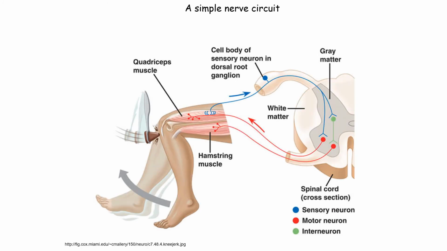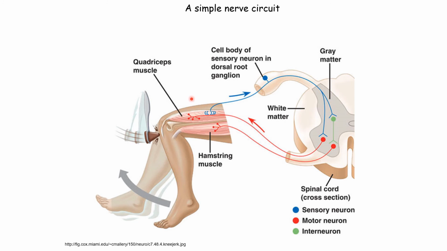In the previous slides, we were talking about different types of neurons and how neurons may communicate with one another. Now we will move on to the next step, where we will look at one simple thing that neurons, when they're communicating with each other, can actually achieve. And this is a very simple nerve circuit.